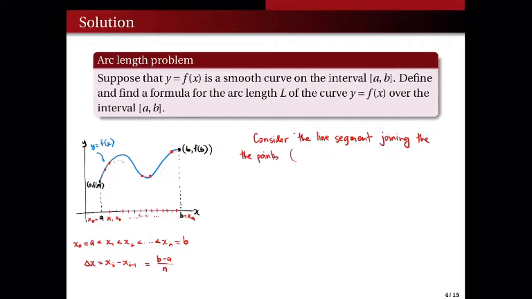The points, you have x sub i minus 1 comma f of x sub i minus 1. Okay. And the other point is x sub i comma f of x sub i. Okay.